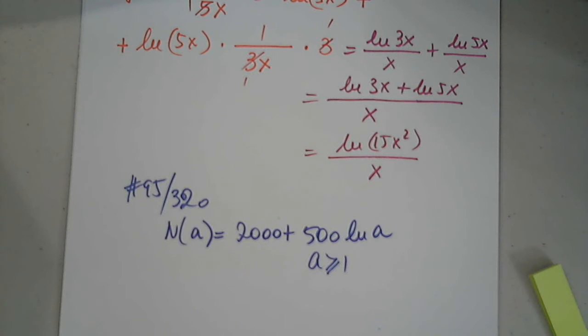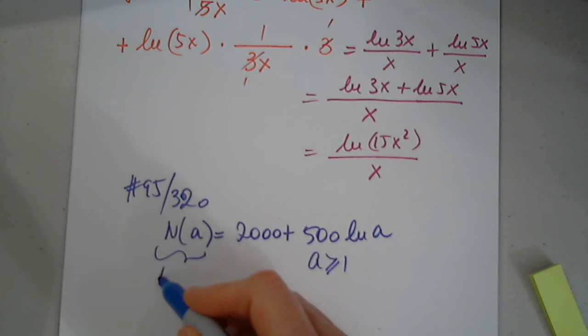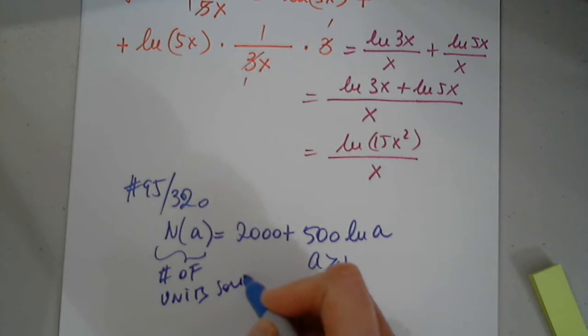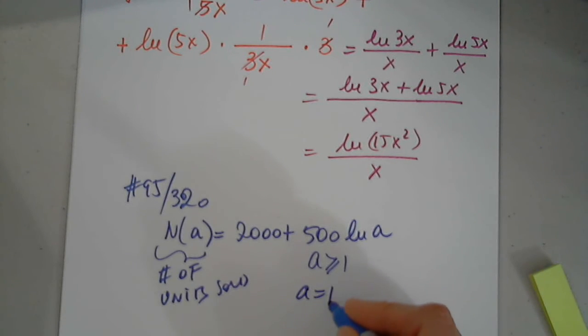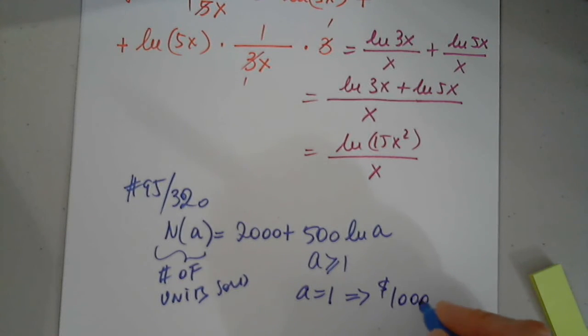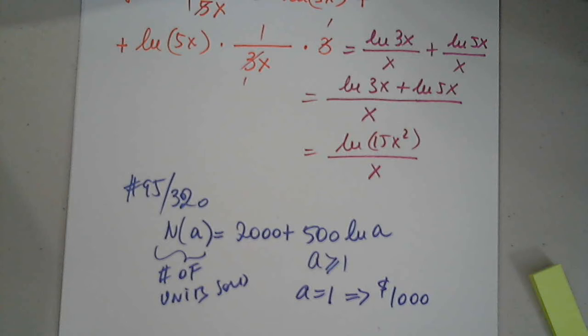N of A is the number of units sold. A is the amount spent on advertising in thousands of dollars. So A equals 1 represents $1,000. So it's the amount spent on advertising.